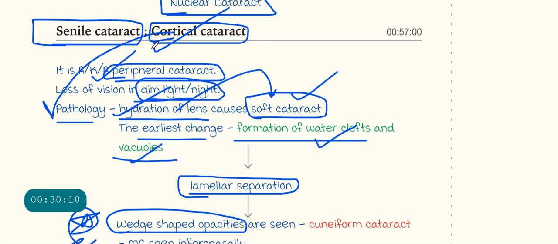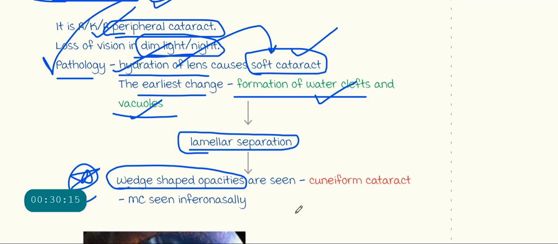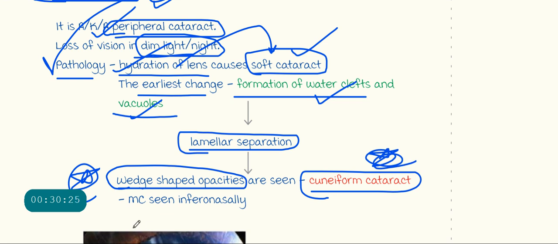Okay, and this type of cataract is known as coniferous cataract. It is most commonly seen infranasally.